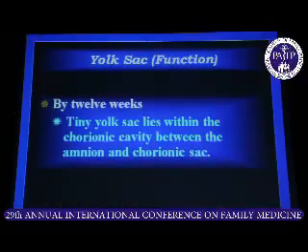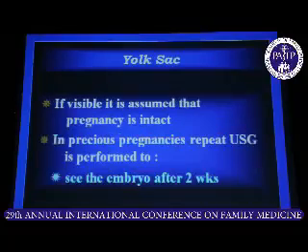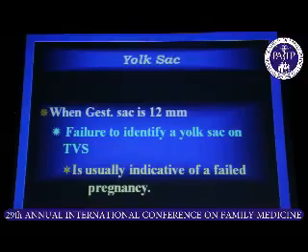And after 12 weeks, you may not see it, but it is there. It should not be more than 6 millimeters. More than 6 millimeters is abnormal, and the pregnancy may not progress accordingly. And you should be able to see the yolk sac on TVS when the sac is 12 millimeters.